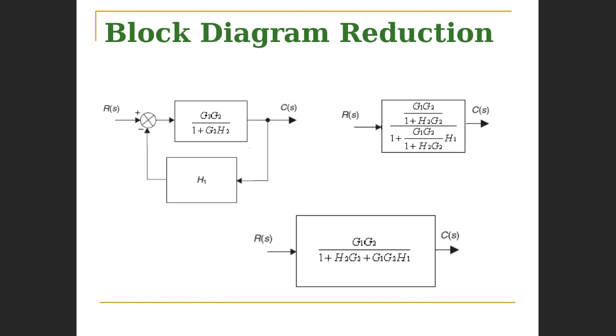So we're now going to multiply the numerator by 1 plus h2 g2 all over 1 plus h2 g2. Let's put that g2 in place. Now we're multiplying by 1, because 1 plus h2 g2 all over 1 plus h2 g2 is 1.